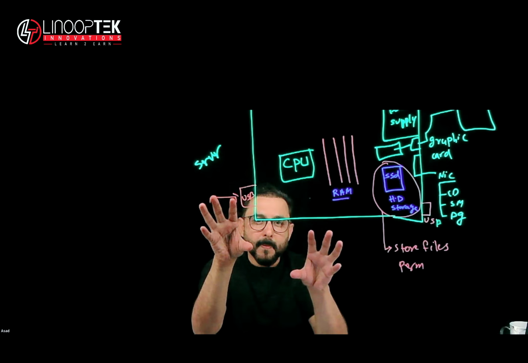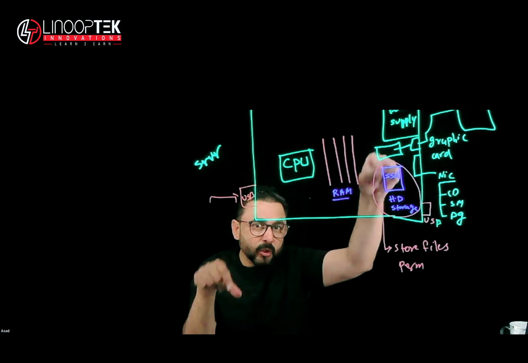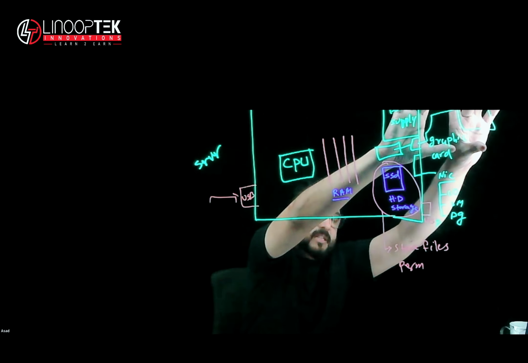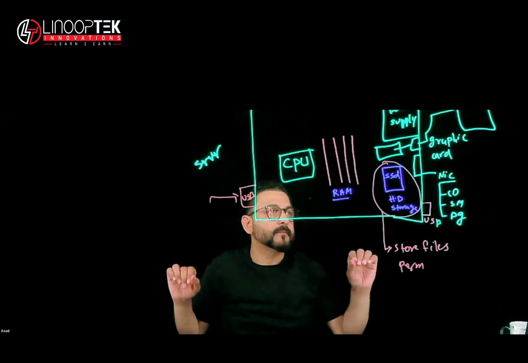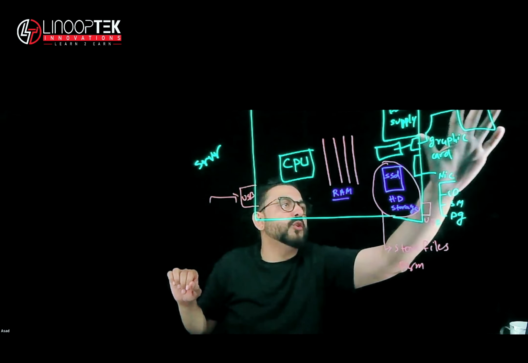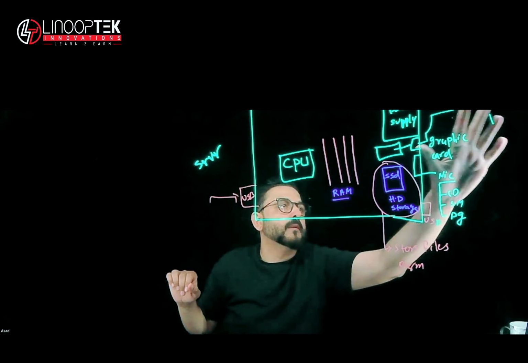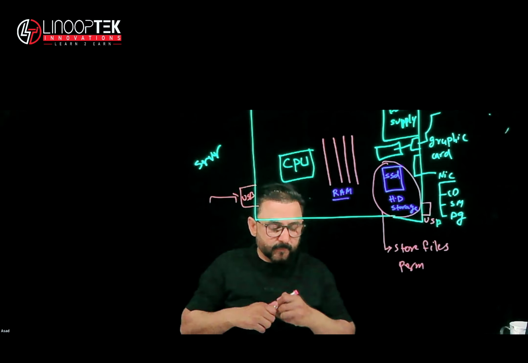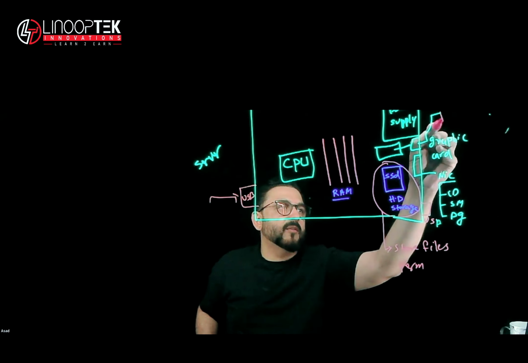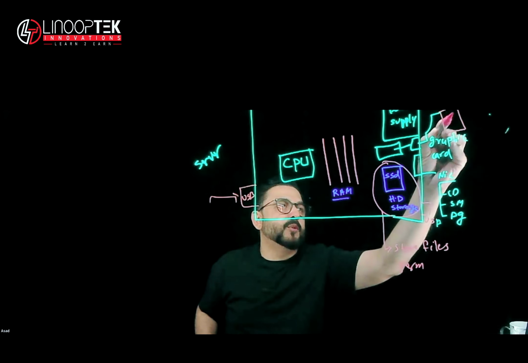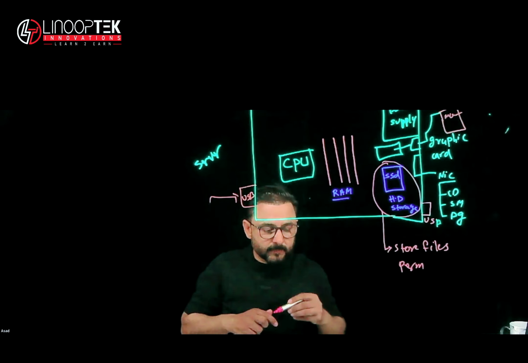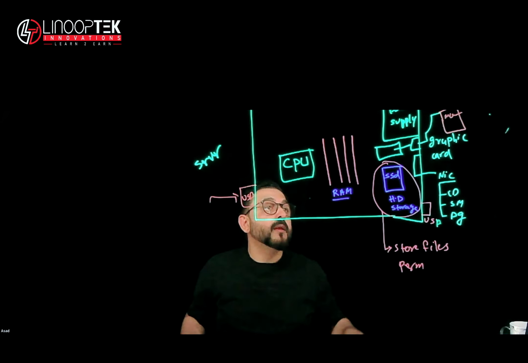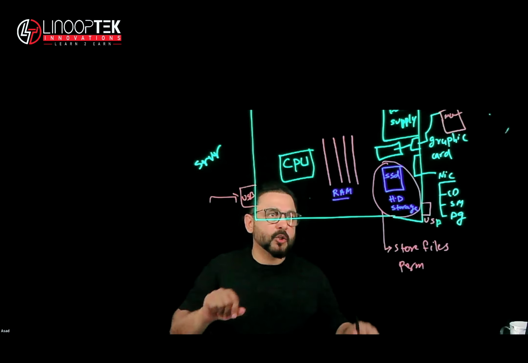Which component on the server is going to show you a display on the monitor? A graphic card right over here. This is a monitor. Beautiful monitor. Okay, beautiful graphic card. Amazing, good job so far.